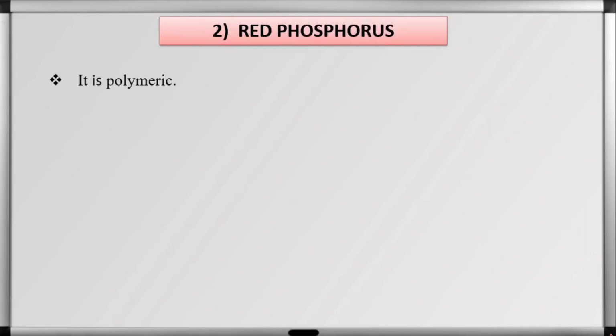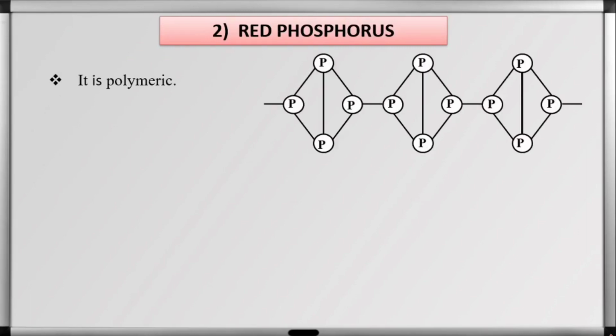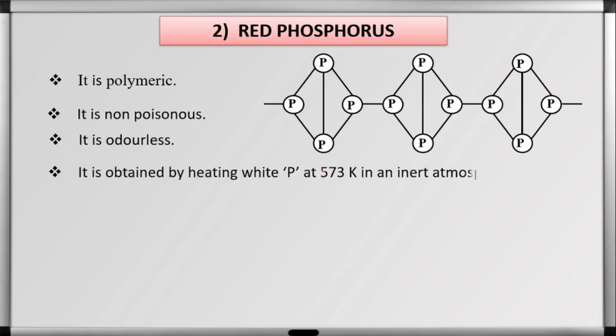Next, red phosphorus, it is polymeric. Look, this is the structure of red phosphorus. Here each phosphorus atom is attached to another 2 phosphorus atoms. It is non-poisonous and odorless. It is obtained when white phosphorus is heated at 573 Kelvin in an inert atmosphere for several days, so we get it from white phosphorus.